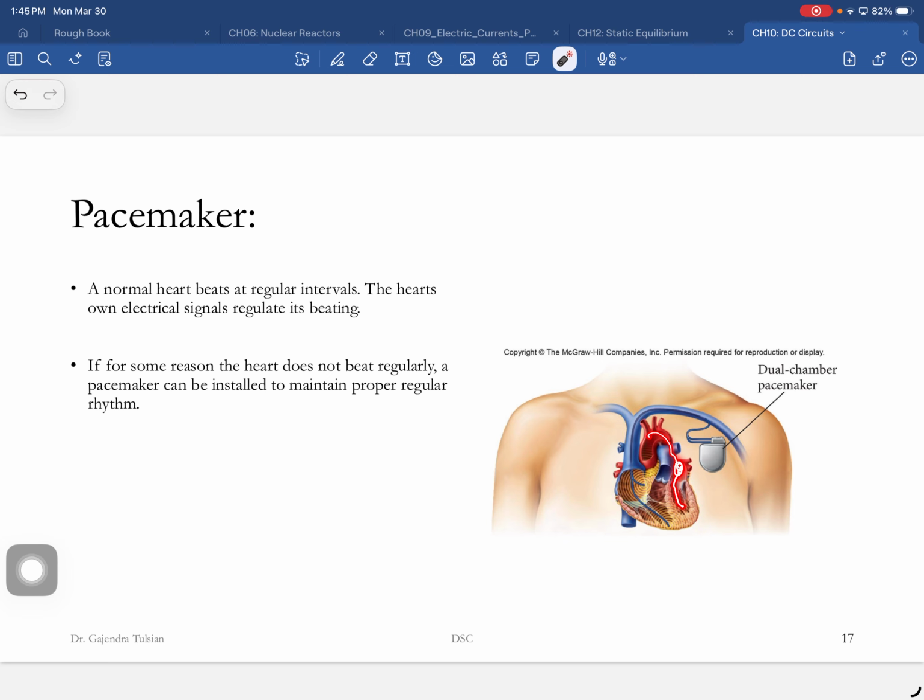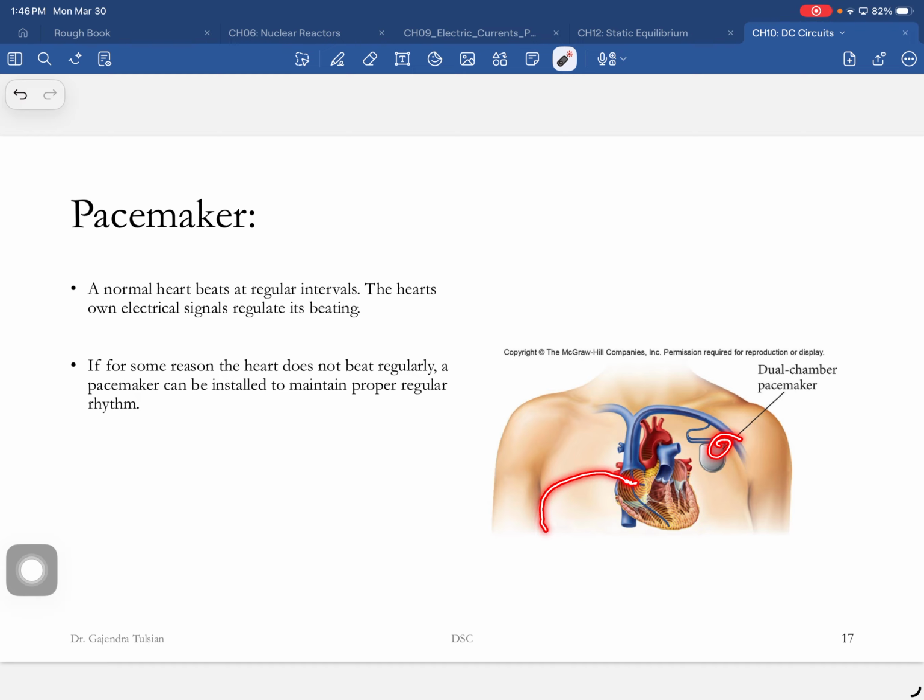You'll see that the greater the resistance, the slower it will charge. The smaller the resistance, the faster it will discharge. The time constant of the circuit, roughly the rate at which it charges and discharges, is RC. The greater the resistance, the greater the time constant.